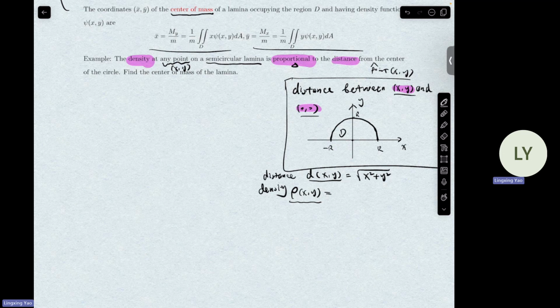Now the density is supposed to be proportional to this distance, and to formulate that description mathematically, we have a constant k multiplied with the distance. This is how we define the density, and k is a constant that we do not know exactly.